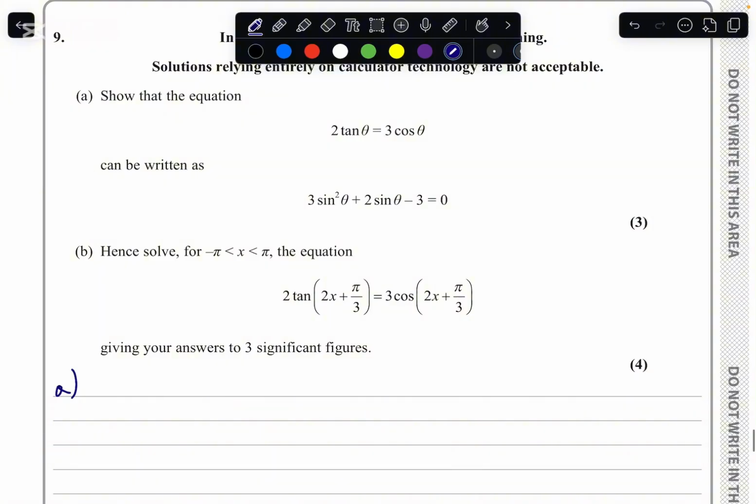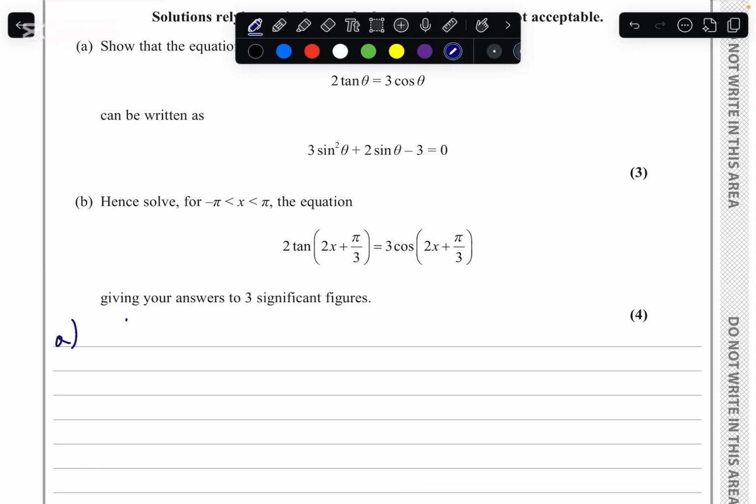In question 9, we are shown an equation 2 tan theta equals to 3 cos theta, and we need to show that that equation can be written as 3 sine squared theta plus 2 sine theta minus 3 equals to 0. So what we will do first, we will get rid of the tan and use that tan theta equals to sine theta over cos theta.